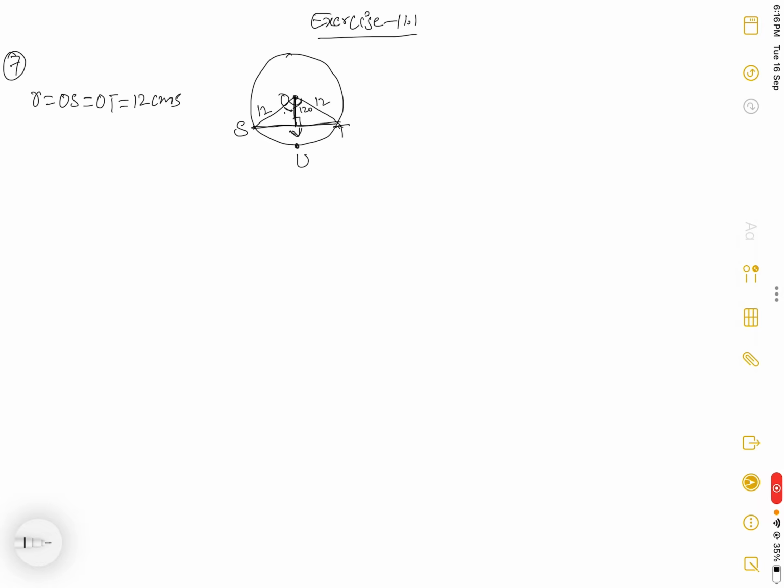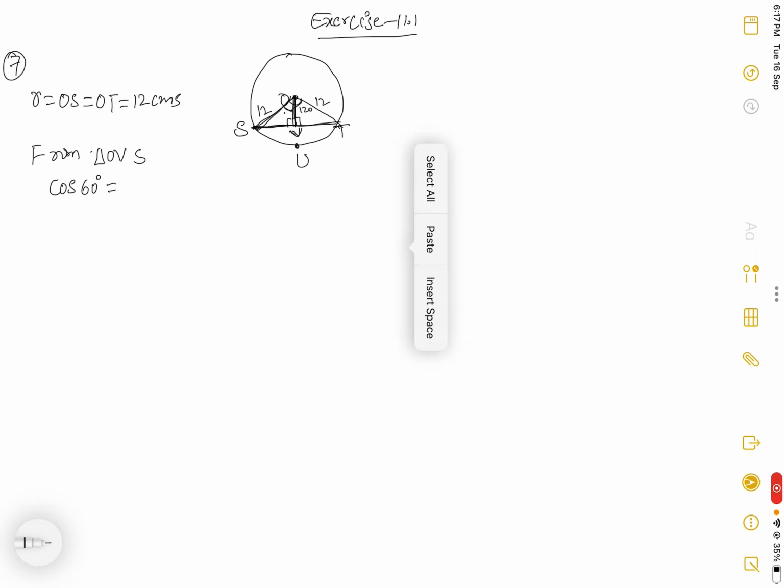Therefore, cos 60 from triangle OVS. The cos theta formula is adjacent side to hypotenuse. In this triangle, OS is the hypotenuse, and SV and OV are the sides.